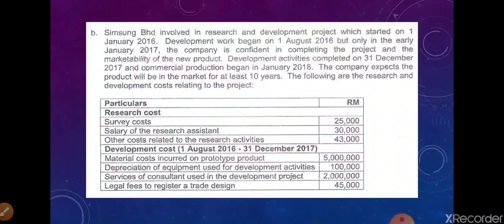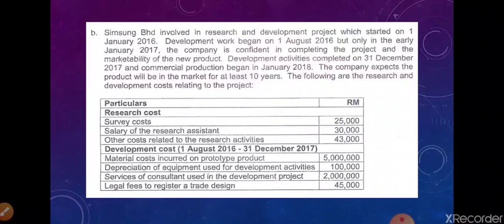Development activities completed on 31st December 2017. Commercial production began in January 2018. The company expects the product will be in the market for at least 10 years. The following are the research and development costs relating to the project.